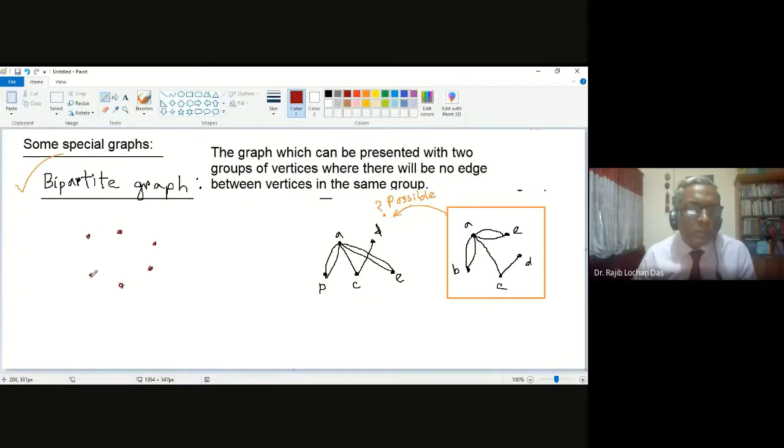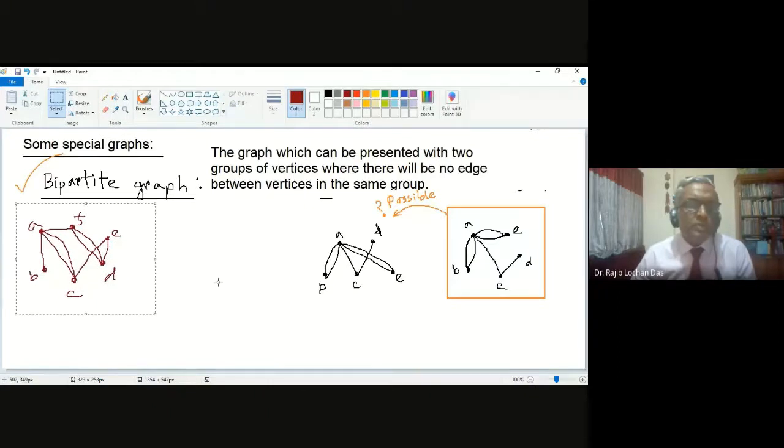So there may be 5, 6, 7 points. Let me have some examples like this. You have A, B, C, D, E, F points. What you do, you start with any corner. You start with A or B or C or D, any point, no problem. You start with one point and put this in one side, and this is your A. Now think about the other points.